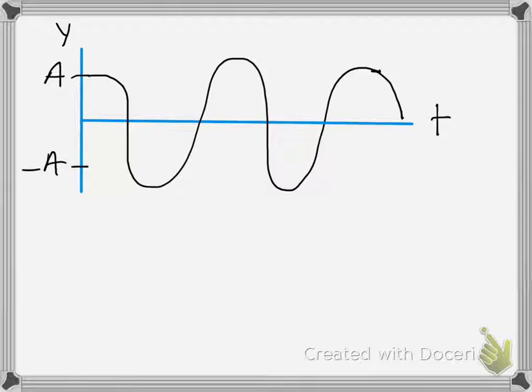Okay, so before we looked at snapshots, and this is a history graph. It is the height of the wave versus how much time has passed.